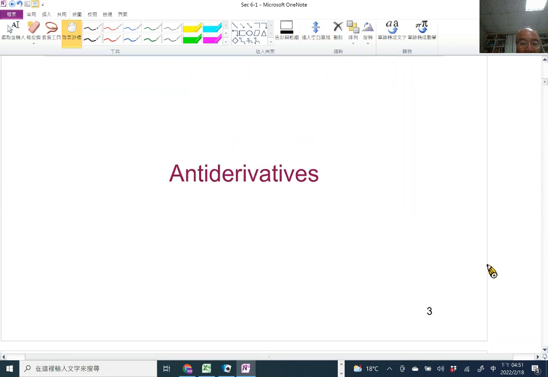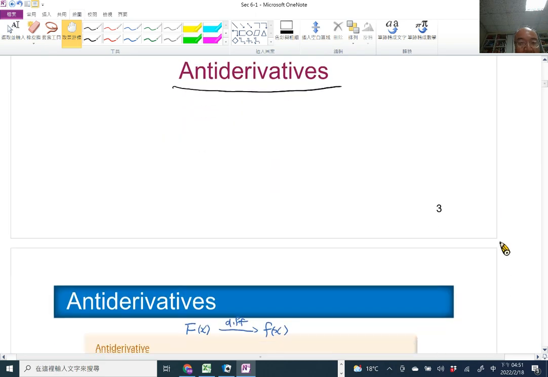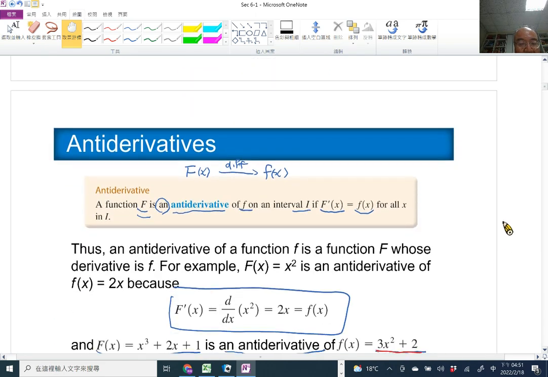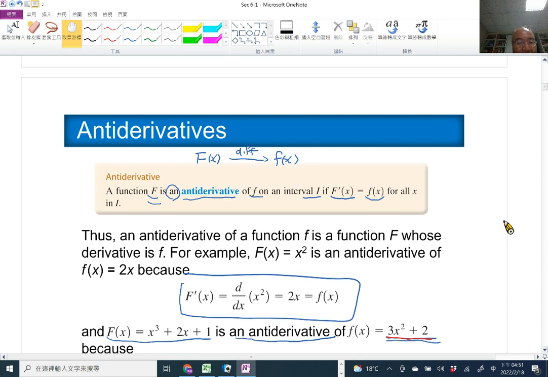All right. Now we pay more attention to the antiderivatives, and formally we will define. To make it easier to identify, we will use capital F of x as the beginning function, and its derivative is little f of x.